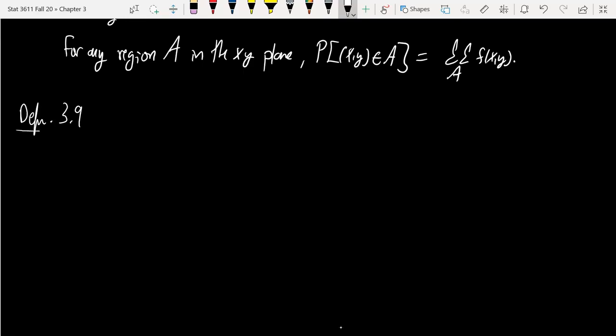Definition 3.9 is for the continuous case. And it's very similar, except basically we replace our summation with integration in the continuous case, right?